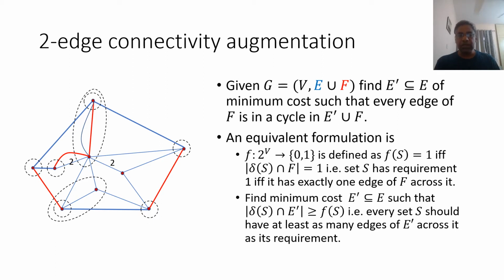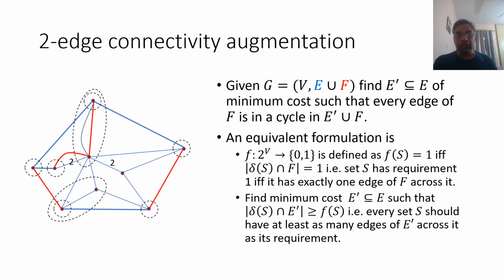For instance, these dotted sets here are the sets which have requirement 1. This has a requirement of 1 because there's one red edge across it, and this singleton set has a requirement of 1 because there is exactly one red edge across it, this red edge. And similarly, this set with 2 elements has a requirement of 1 because there is exactly one red edge across it.